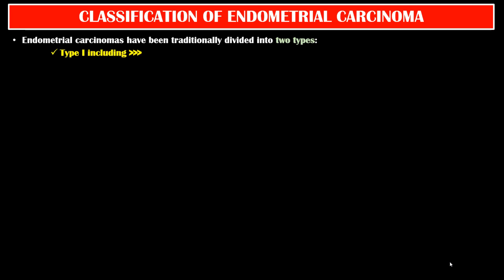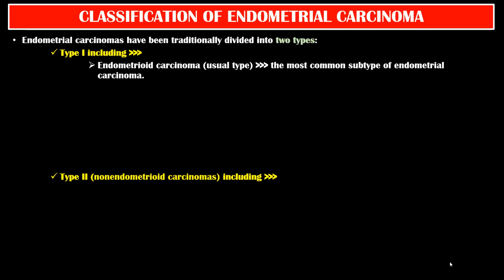Classification of endometrial carcinoma. Endometrial carcinomas have been traditionally divided into two types, type 1 and type 2. Type 1 including endometrioid carcinoma, the usual type. It is the most common subtype of endometrial carcinoma.